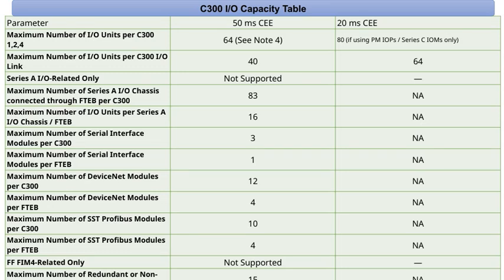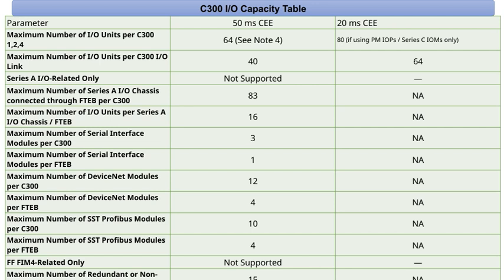Let's take a closer look at the C300 I/O capacity table, which compares the specifications for 50 millisecond and 20 millisecond cycle times. First, when it comes to the maximum number of I/O units per C300, for the 50 ms CEE, the options are 1, 2, or 4 units, with a maximum of 64 units if you see Note 4.